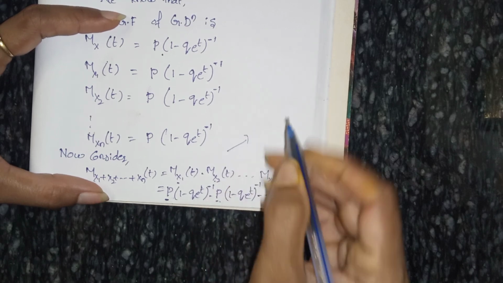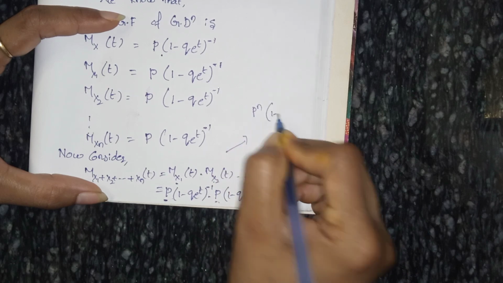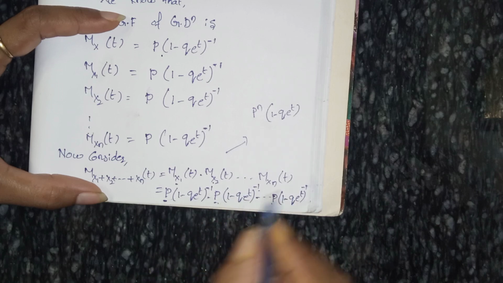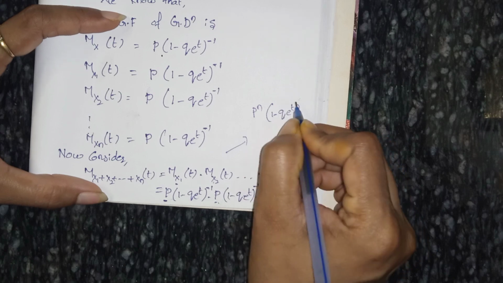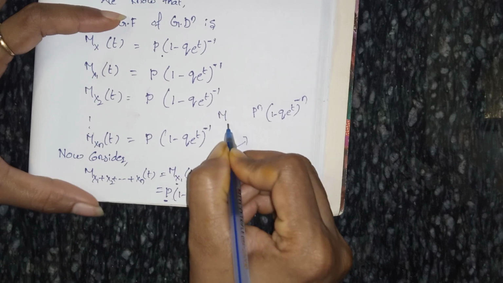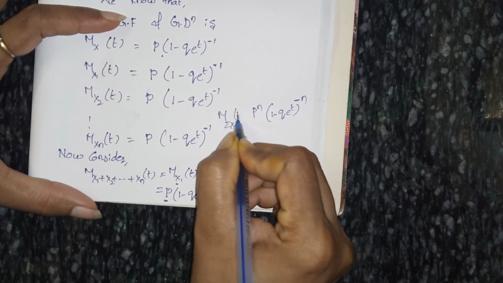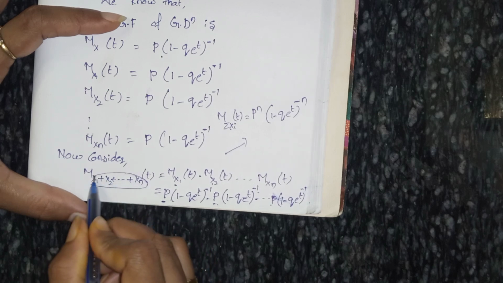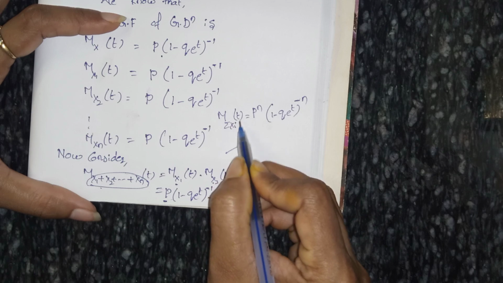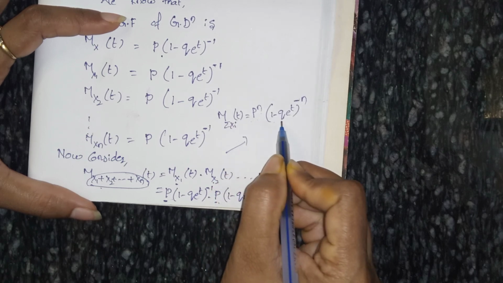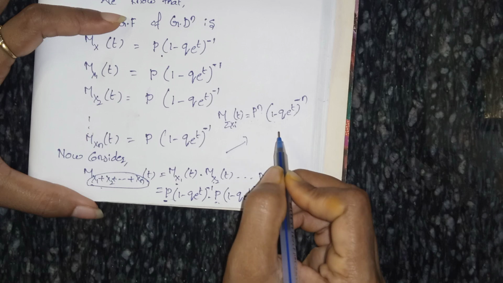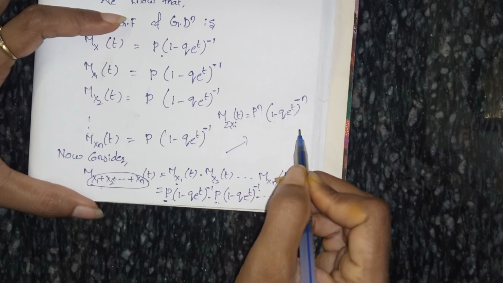So what we get here is p power n into (1 minus q e^t) whole power minus n. So M of summation xi of t equals p power n into (1 minus q e^t) whole power minus n, which is the moment generating function of negative binomial distribution.